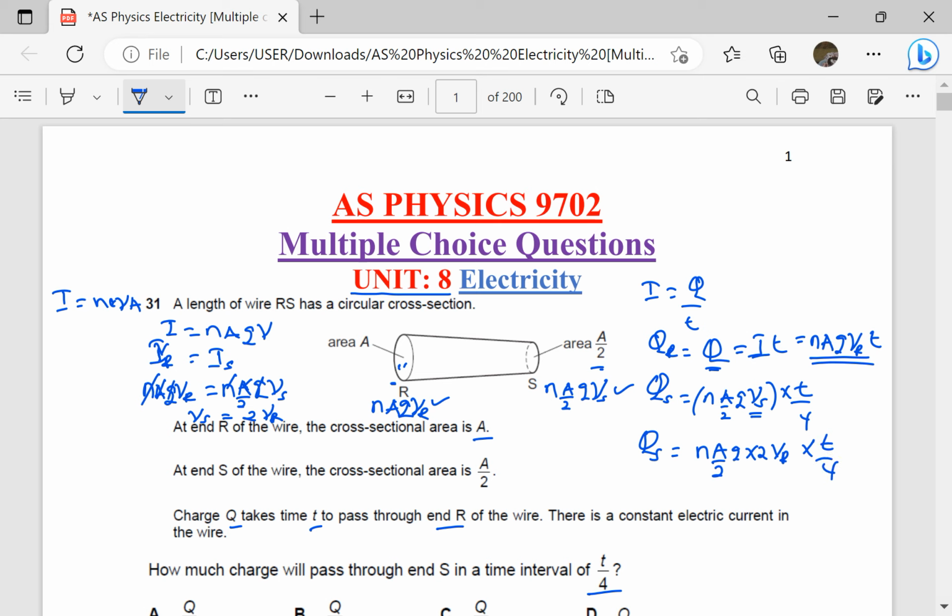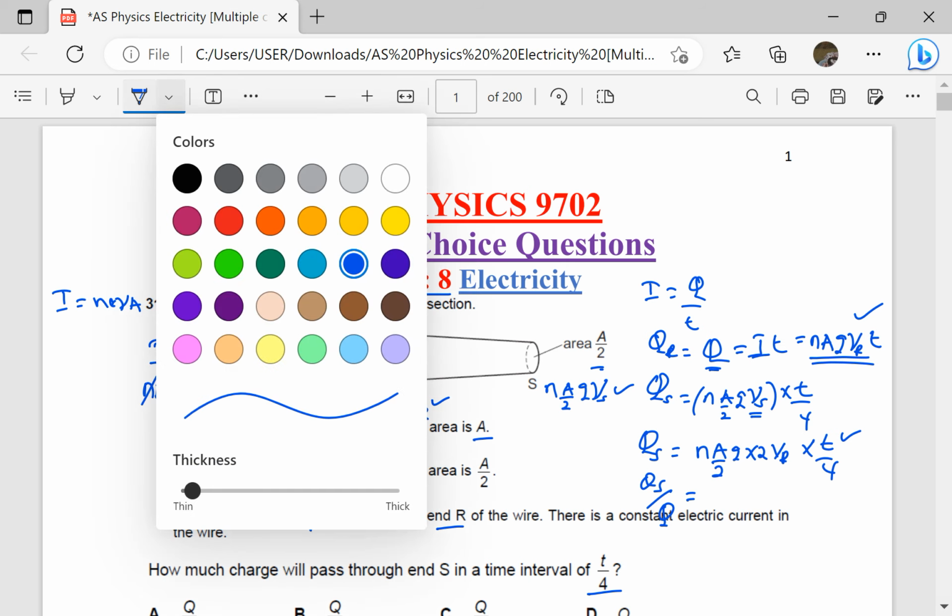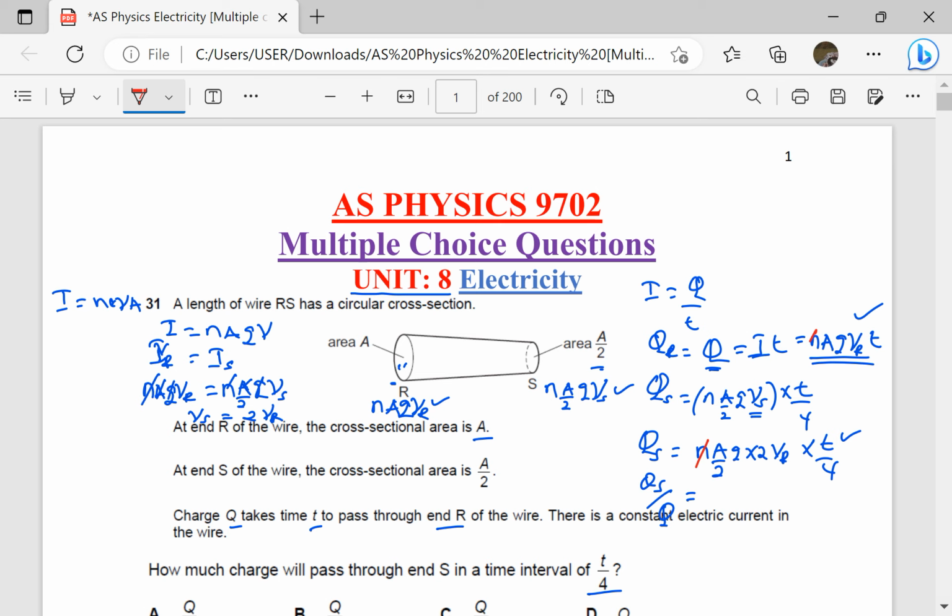So you can now divide the two equations. This equation here divided by that equation there. So you have QS divided by Q. Without wasting time, when I divide, I'm just going to cross out the terms which cancel. So because I'm dividing, n cancels, q cancels, Vr cancels, the 2 has cancelled, and this T cancels.